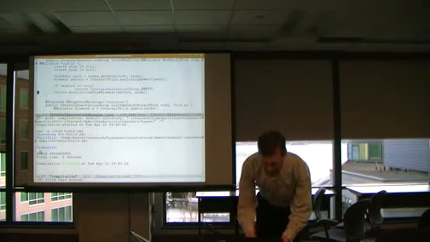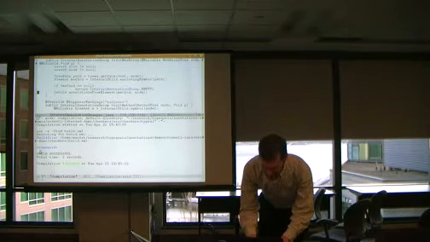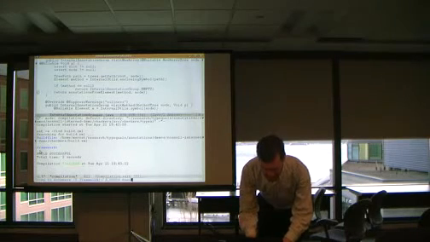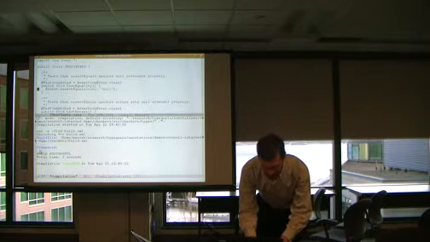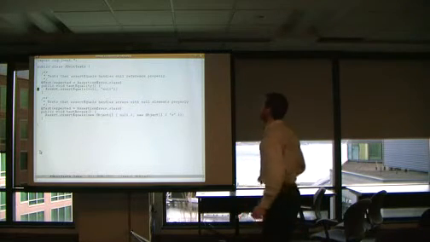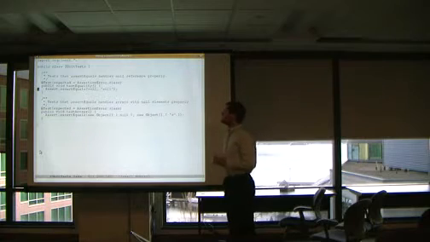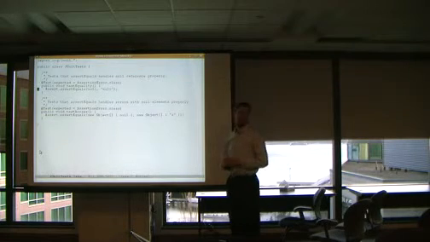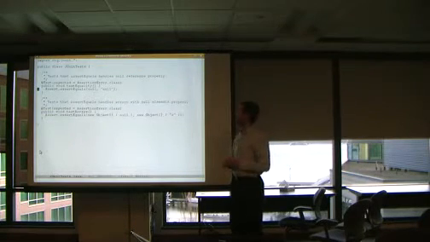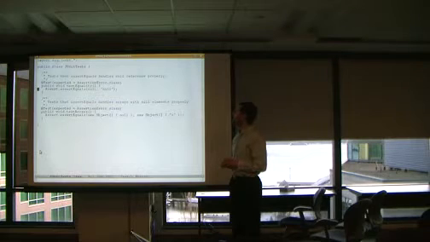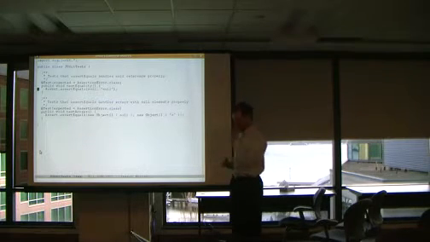Okay, let's look at another example. So here is a JUnit test, and it is just checking the behavior of JUnit 4.3 on null references.